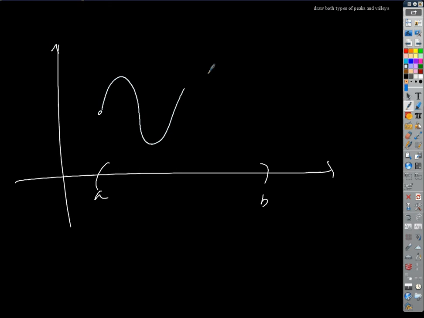But I could also draw peaks like that, and valleys like that. So those all have to be included. Here are relative maxima, and they're about the same height. They don't have to be. One could be much higher than the other. And here are examples of relative minima.